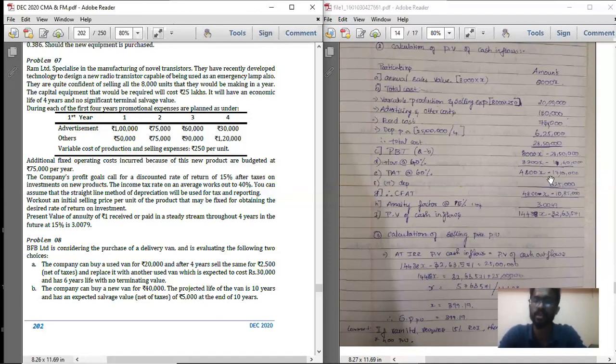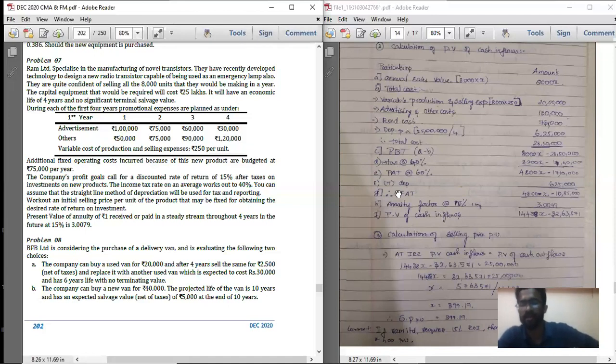Record small e, profit after tax. If the tax amount is 40%, the profit after tax is the remaining 60%. You can even directly calculate profit after tax at the rate of 60%. So PBT into 60%, you will get 4,800x minus 17,10,000. So this is profit after tax.